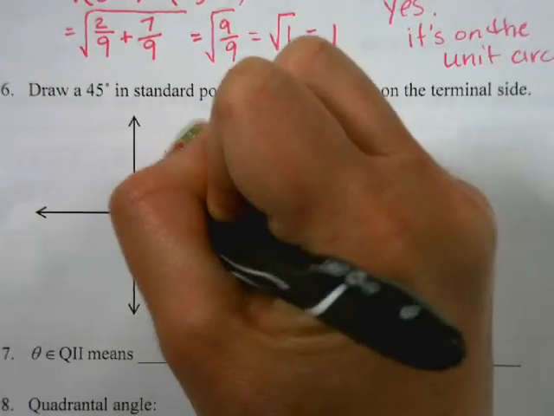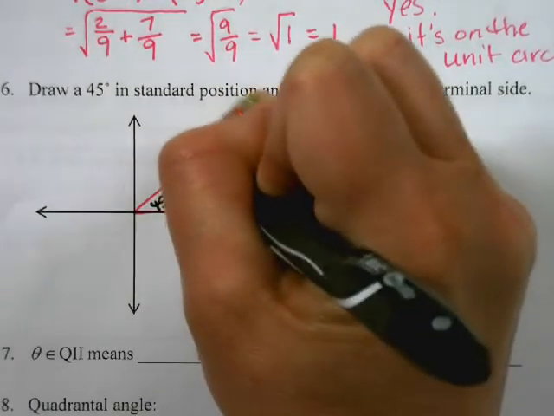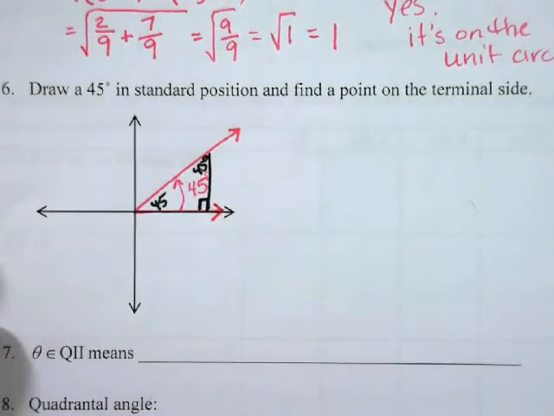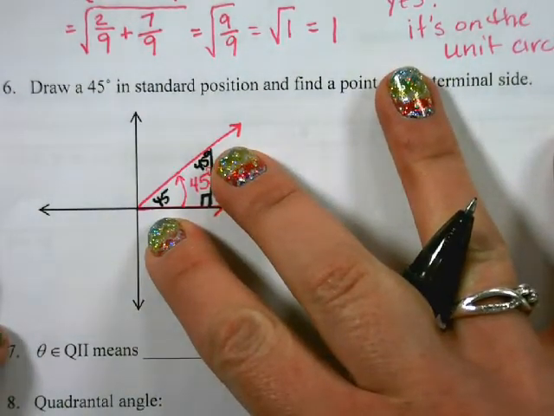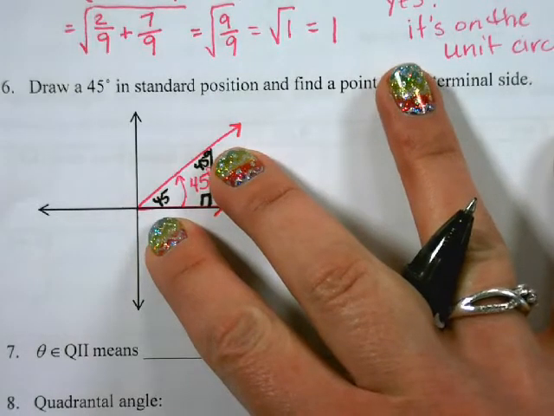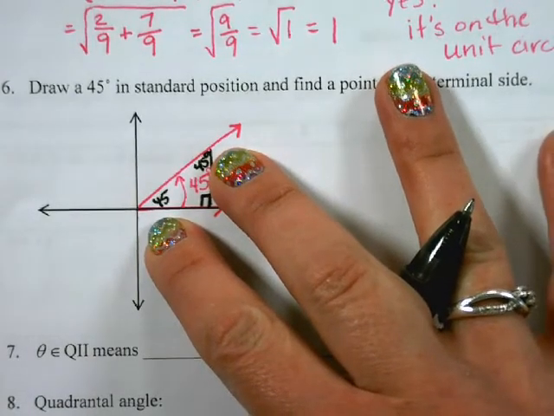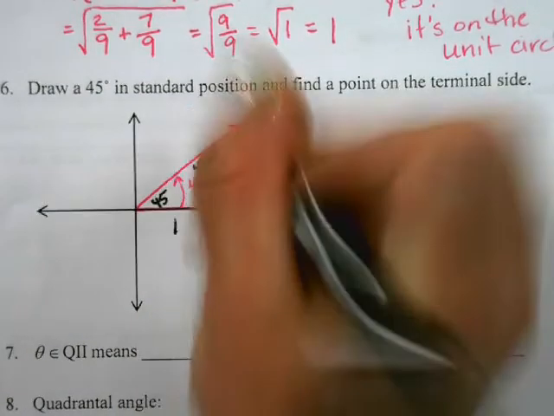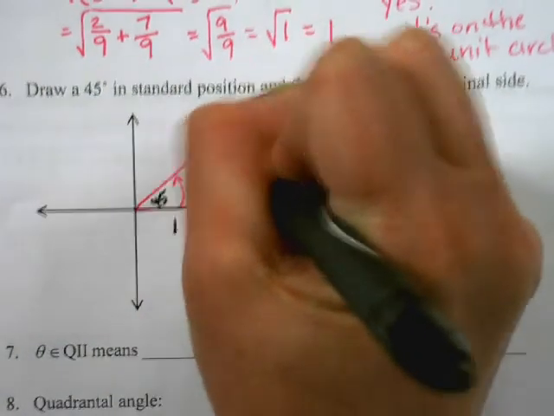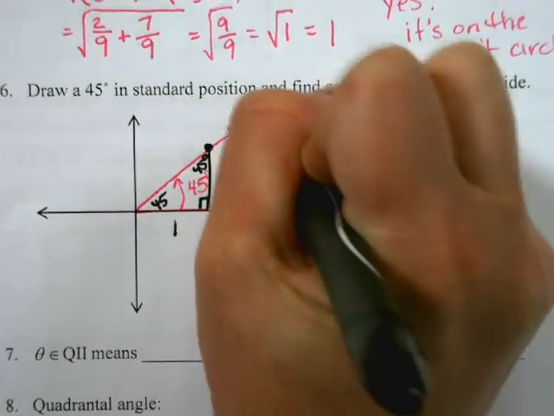If this angle is 45 and this angle is 45, that means those two sides have to be the same. Would you agree with that based upon our 45, 45, 90 triangle? So what's the easiest point to pick? If I go over one and up one, this point would be 1, 1.